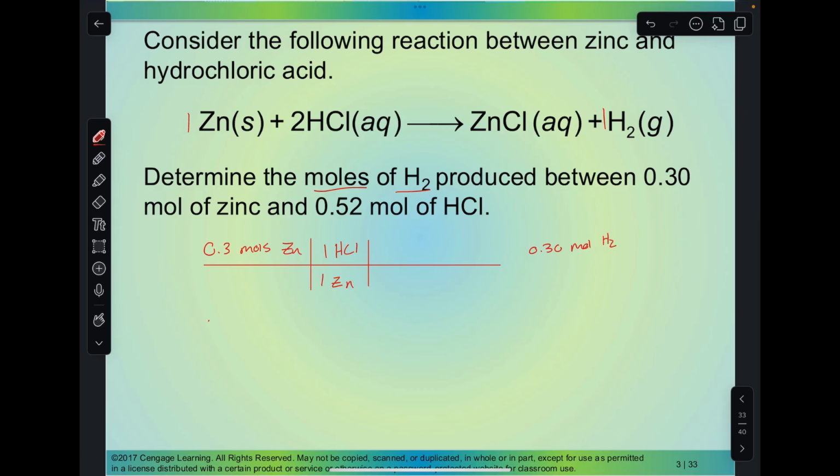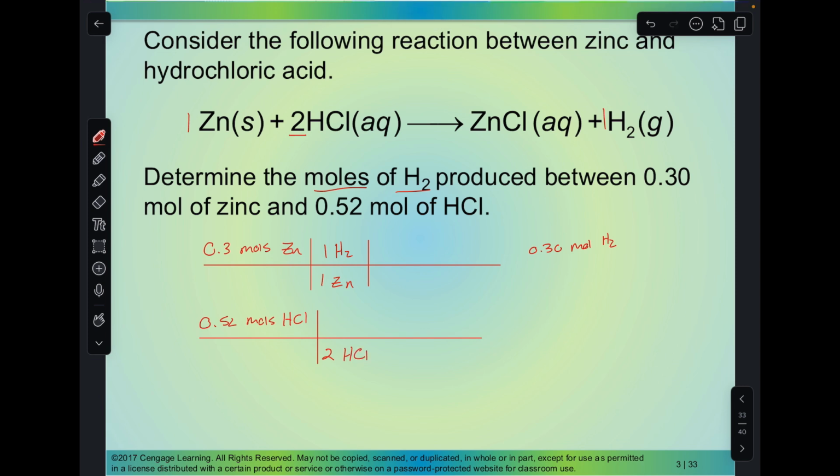So we'll get 0.30 moles of H2. And we'll do the same thing, 0.52 moles of HCl. We'll use the molar ratio given here. So that's going to be 2 HCl.